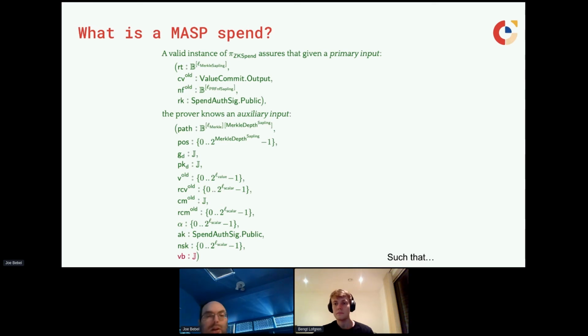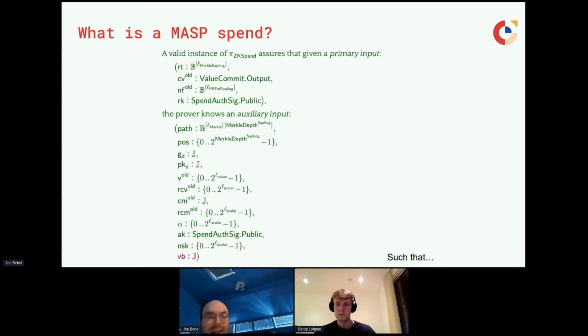So if you're familiar with the Sapling circuit and how it works, if you look at the spend circuit, this should be extremely familiar, because for the most part, things are not very different.